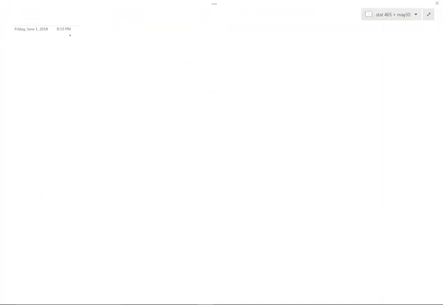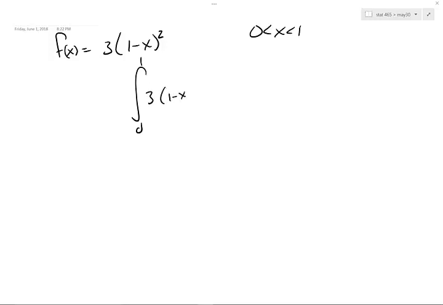Here's one that's just a skosh trickier. Suppose you have f of x is equal to 3 times 1 minus x squared. Again, 0 to 1. Let's again verify this. The integral from 0 to 1 of 3 times 1 minus x squared dx. Well, this is going to be 3 and then 1 minus x to the third over 3 and then times negative 1, right?